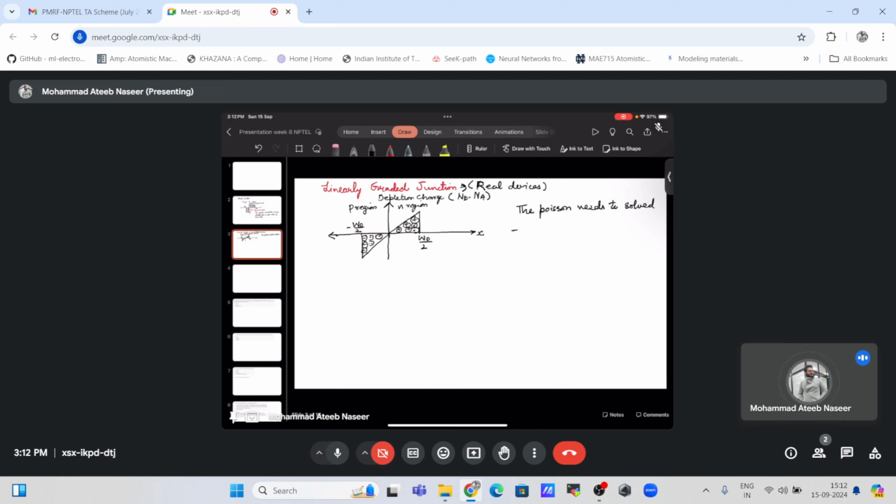The Poisson equation is simply d square psi by dx square, because the notations are almost similar to that of the SMC, is equal to minus d E by dx, which is the Gauss law, is simply rho of x, which is the charge, divided by epsilon s, which is the permittivity of the semiconducting material.